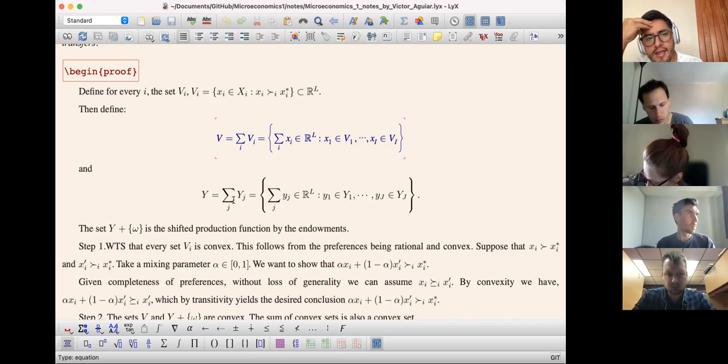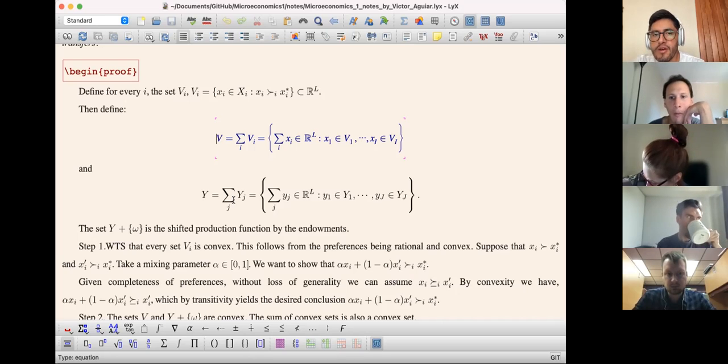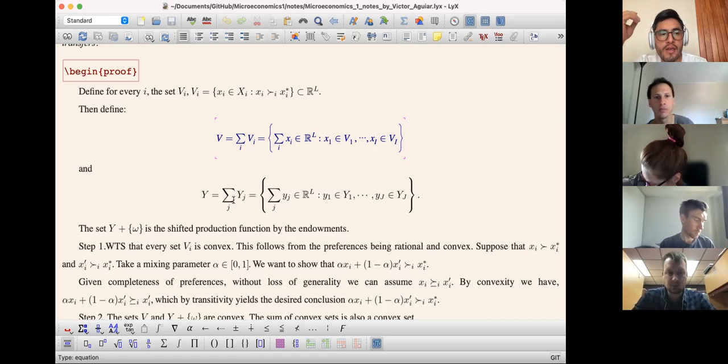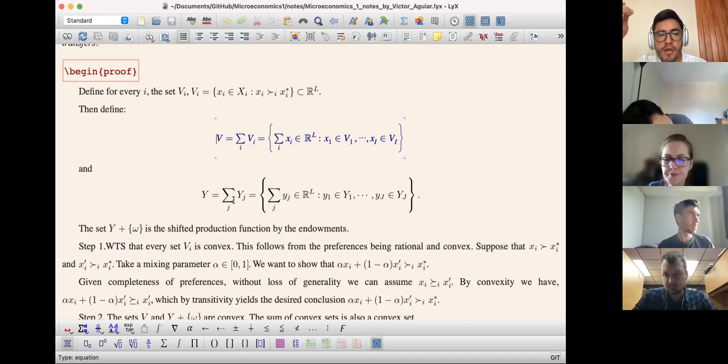The first set, the V set, is harder to understand intuitively, but mathematically it's very clear. It's just the summation of the sets V_i, and each set V_i is the upper contour set, okay? Now the set Y plus omega is the production set shifted by the endowments. You take the aggregate production set Y and shift it by the endowments of the goods. That gives you the total amount of physical goods in the economy.